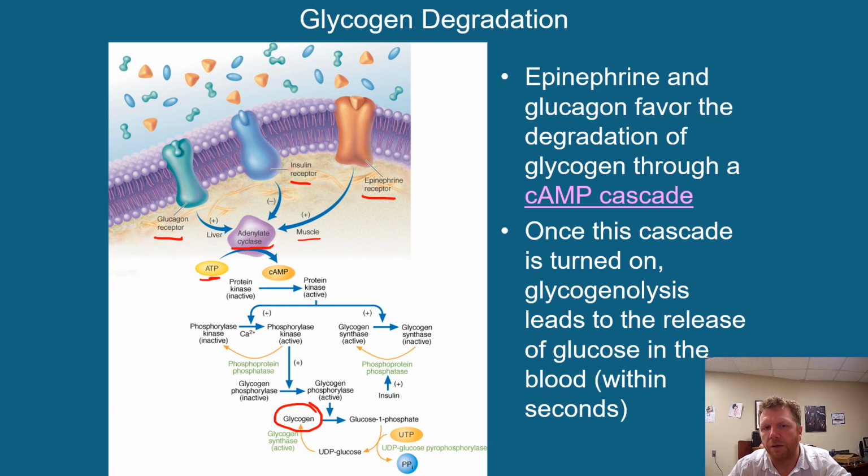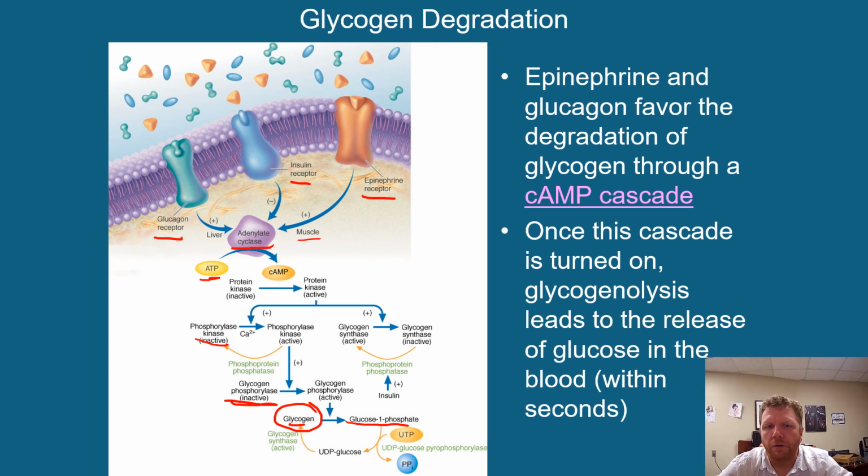Now, cyclic AMP is going to activate a protein kinase that will go on to activate phosphorylase kinase. When phosphorylase kinase is phosphorylated by this upstream protein kinase, what it is able to do is activate glycogen phosphorylase, which is going to lead to the breakdown of glycogen into glucose 1-phosphate.